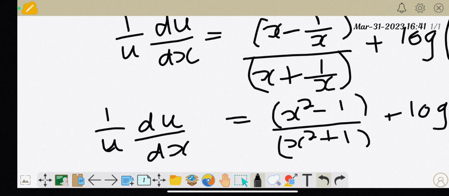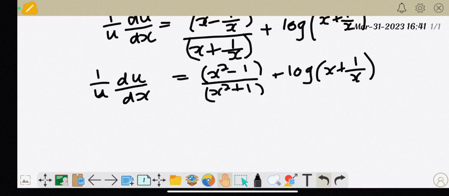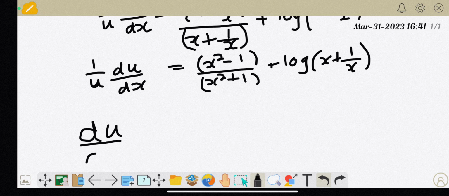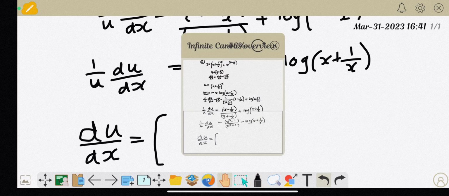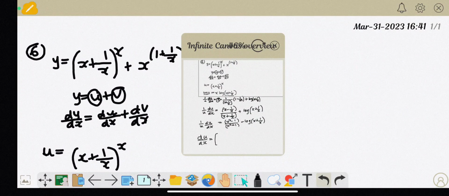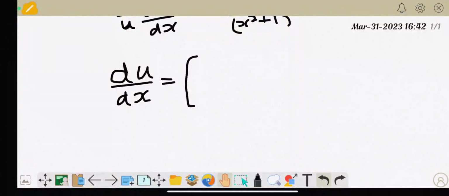Yeah. Now what you'll do is, u is there, right? You send it to the other side, du by dx. So what is the u term in our question? It is x plus 1 by x to the power x, right? So here I will write it again.